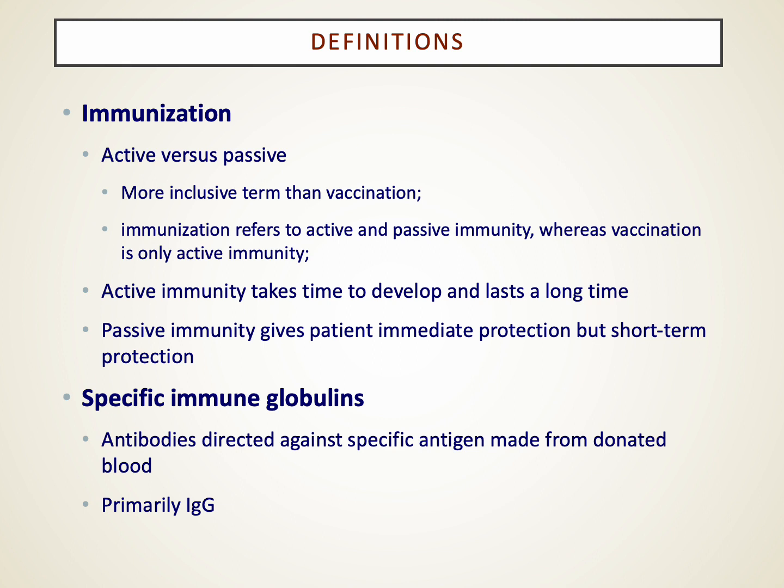Examples where we use immune globulin that is very specific to that pathogen are rabies immune globulin in a rabies exposure and hepatitis B immune globulin.